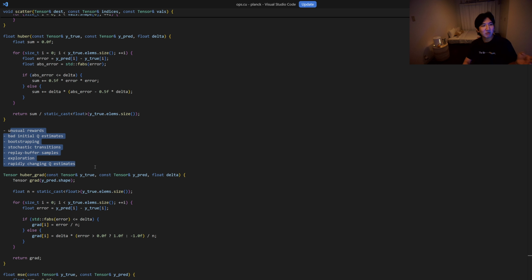But with reinforcement learning, the loss is pretty random because of these factors. Sometimes the loss gets big even though you have trained for, I don't know, 1 million steps already.